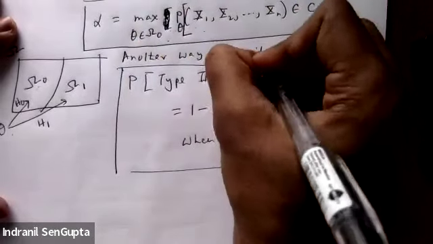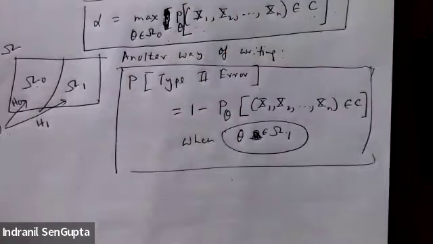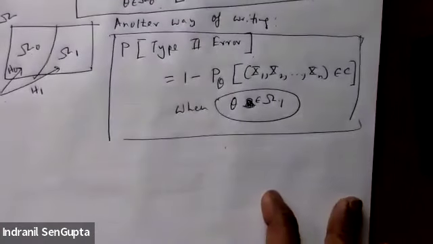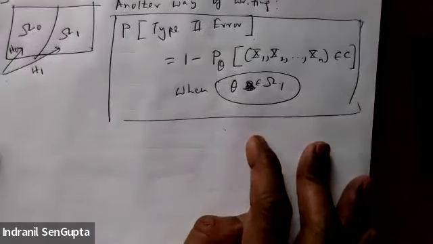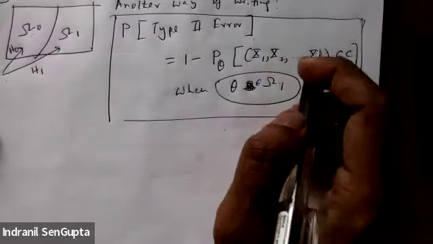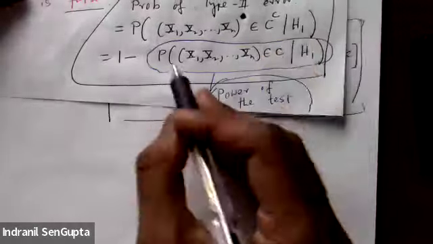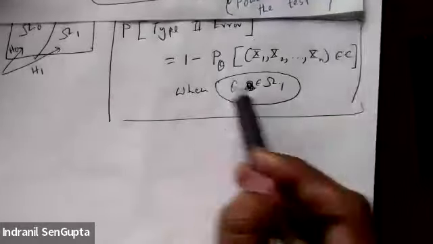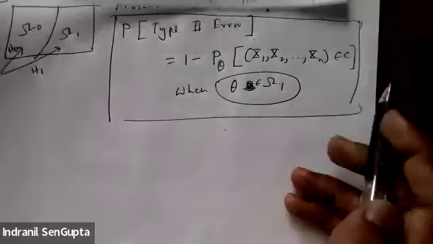Writing what we wrote before. Okay. Why did I write this? Because this involves the power of the test, right? So here this quantity is the power of the test.